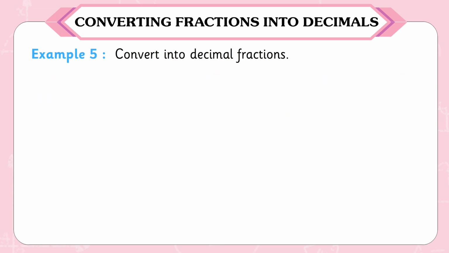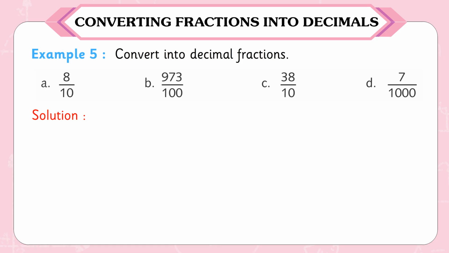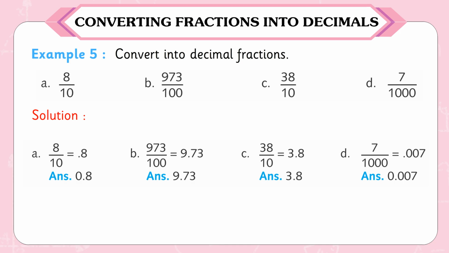Example 5. Convert into decimal fractions. A. 8 by 10. B. 973 by 100. C. 38 by 10. D. 7 by 1000. Solution. A. 8 by 10 is equal to 0.8. Answer. 0.8.